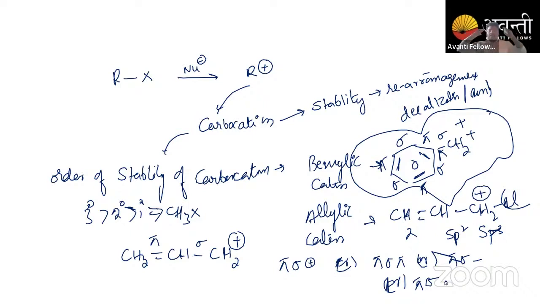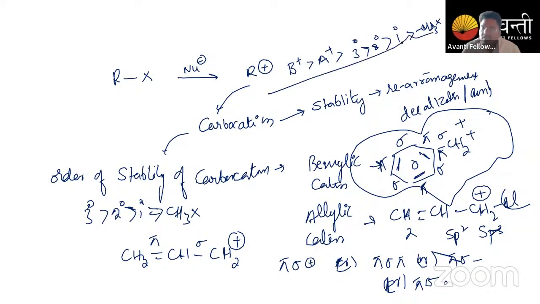So carbocation stability depends completely on what? Rearrangement, or you will have benzyl cation, then allyl cation, then tertiary, then secondary, and last but not the least primary and methyl halide. You all need to remember this stability order of carbocations.